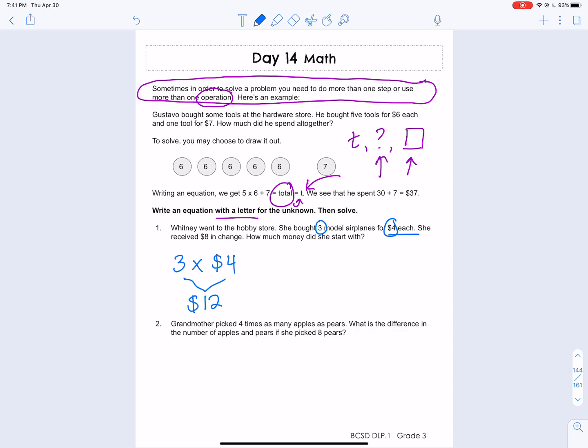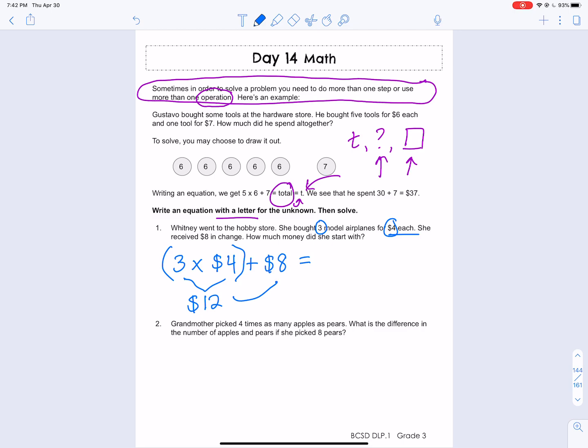Okay, how much money did she start with? If she receives $8 in change, then that means if we take $8 and add it to what she spent, that would give us the amount that she started off with. So again, 3 times $4 is the amount that she spent on these airplanes, plus the $8 that she received in change would give us the money that she started with.